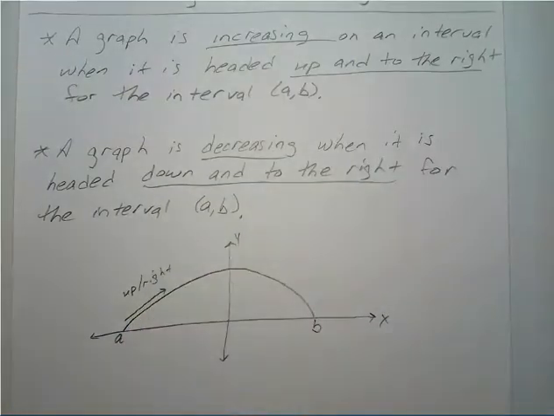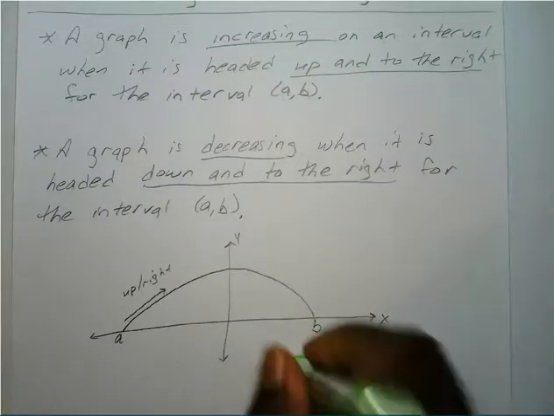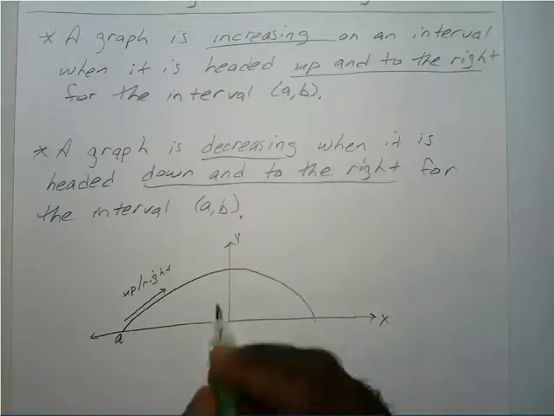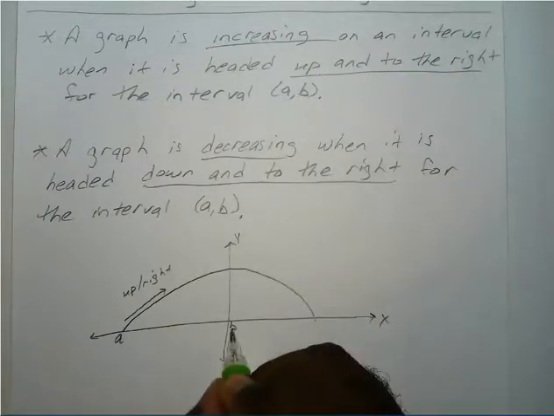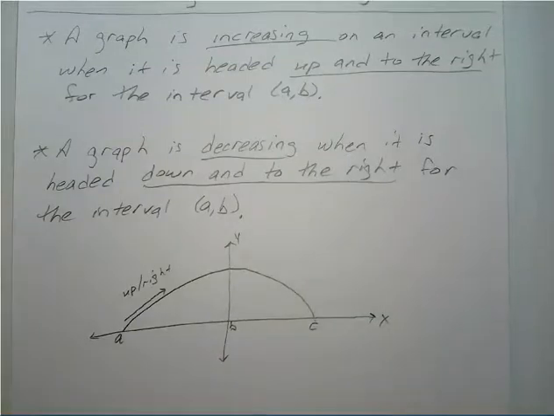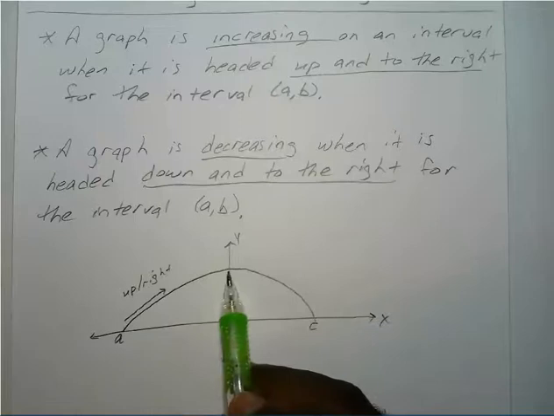Okay, so we know it's increasing. Oh, actually, to better explain this, instead of making that end B, make the origin B and make that C. Okay, so we can see on this interval it's going up and to the right.